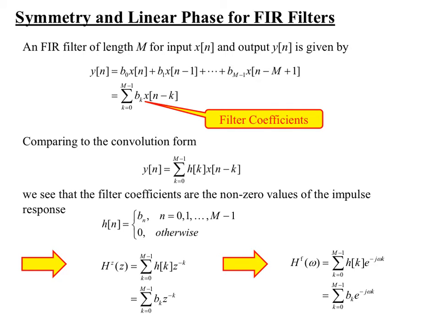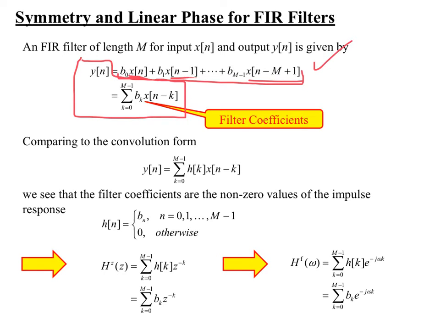We know that any FIR filter will have a difference equation that looks like this. So there's only one y term, and there's a bunch of input terms, the current input term plus a whole bunch of past input terms. We can't have any future input terms, otherwise it would be non-causal. And we can rewrite that in this simple form here with just a nice summation.